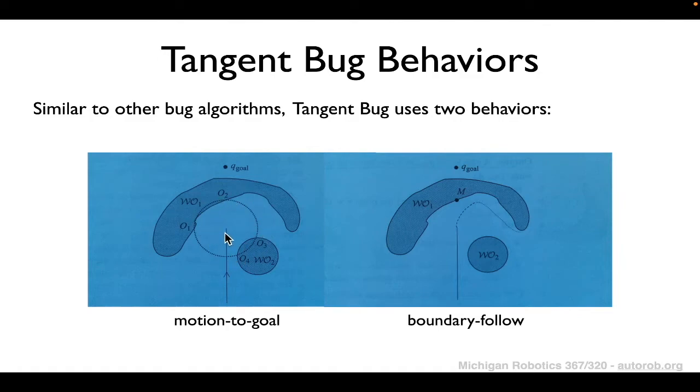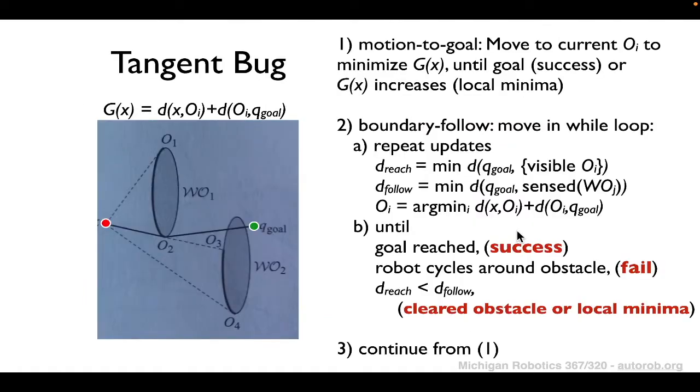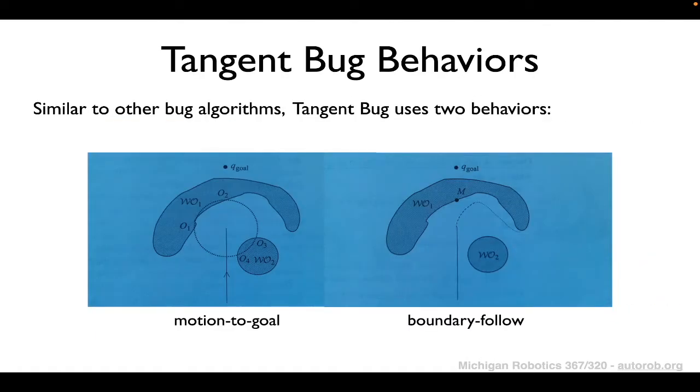At that point it would do wall following behavior, so boundary following. Once it can view obstacles, it'll decide to follow the boundary in an effort to move ultimately towards the goal.